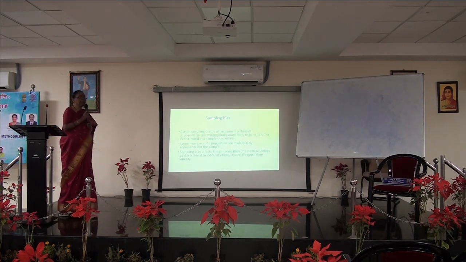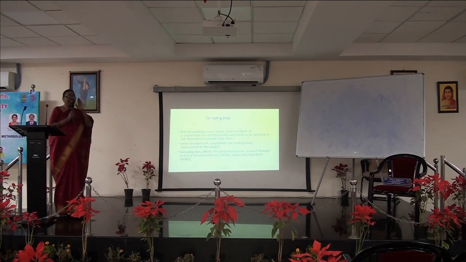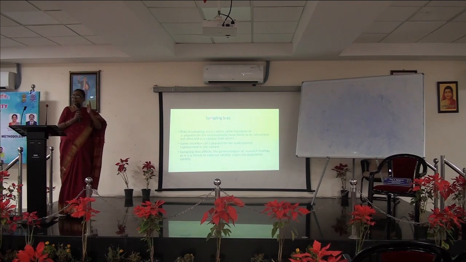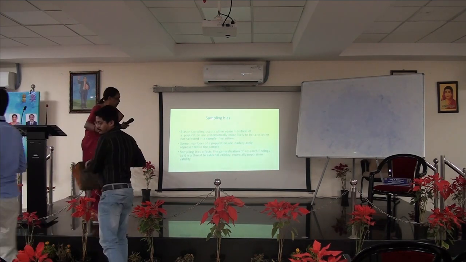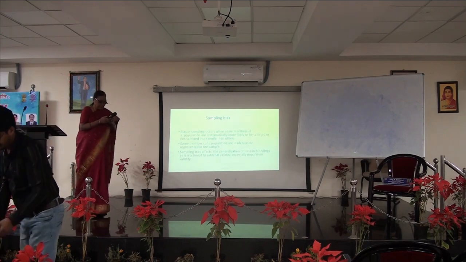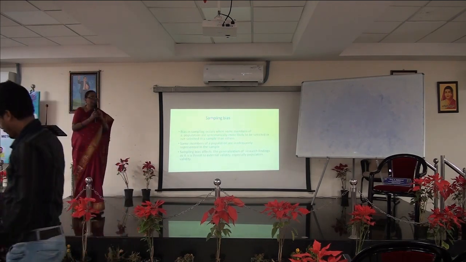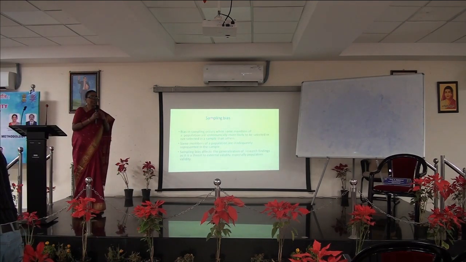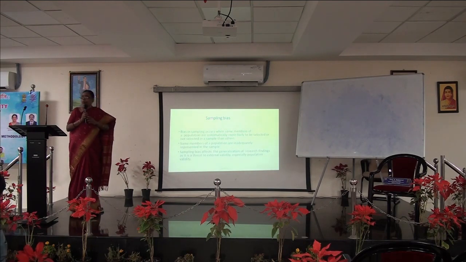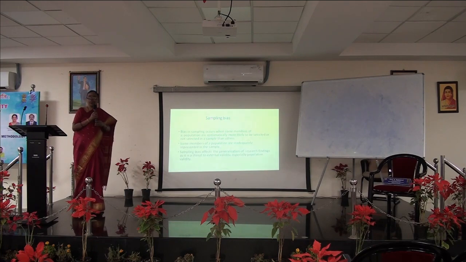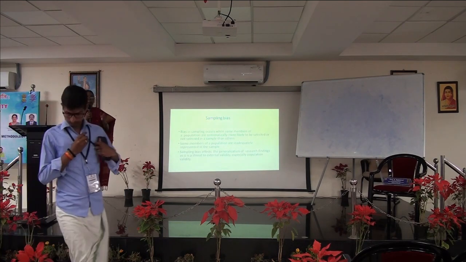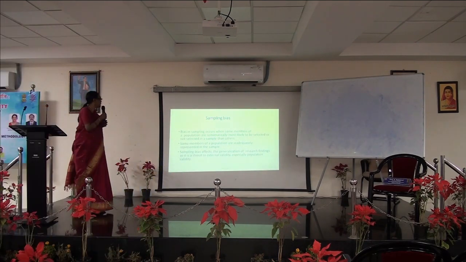What is sampling bias? You have decided about the result, and purposefully you select the sample so that you can arrive at that particular result. Sampling bias is purposefully selecting to get the result as you wanted. That is even more dangerous, and for convenience's sake also people select samples, which leads to bias.